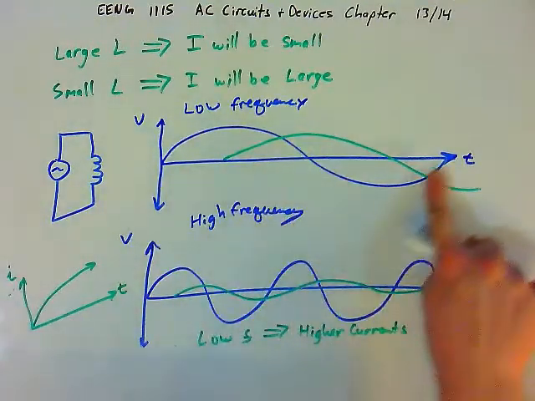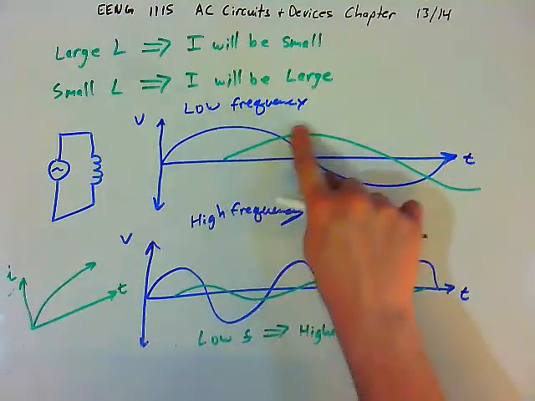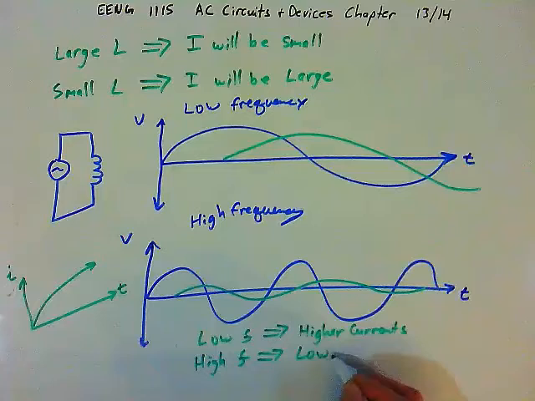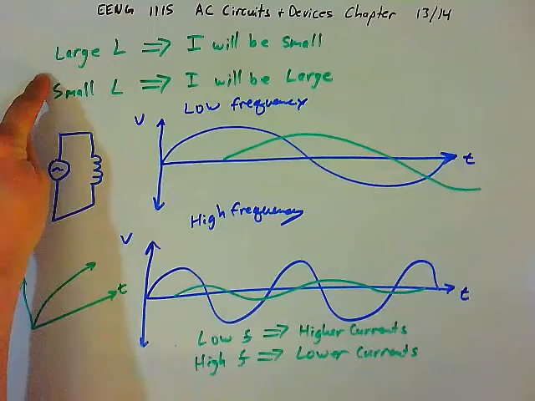With a low frequency, we're going to have higher currents because it has more time to rise, right? More time to rise up to a higher value. With a higher frequency, we're going to have lower currents. Lower currents.